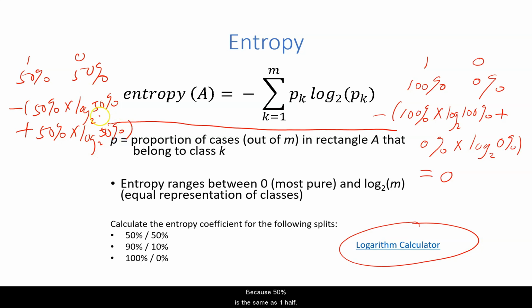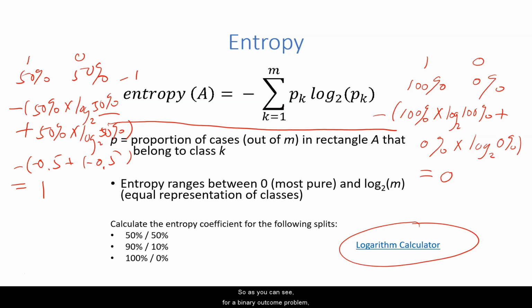Because 50% is the same as 1/2, and the base 2 log of 1/2 is going to be -1. So that gives us negative 0.5 plus negative 0.5, which is +1. So for a completely impure subset in a binary outcome case, the entropy value is 1.